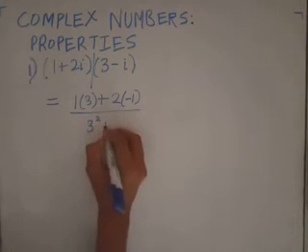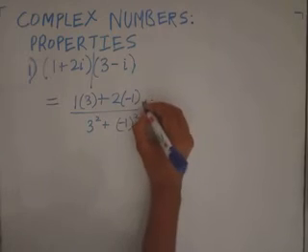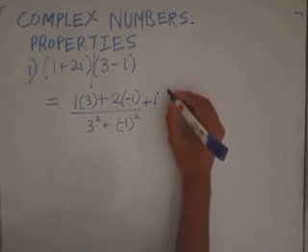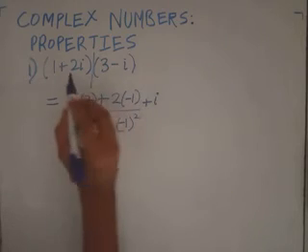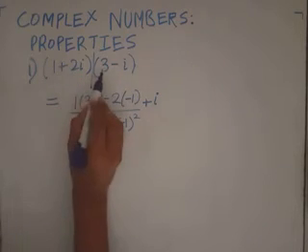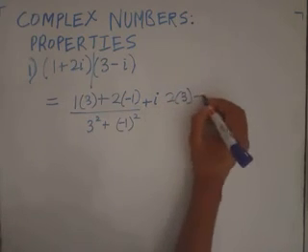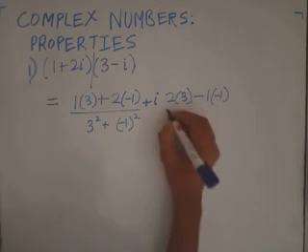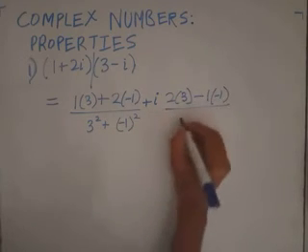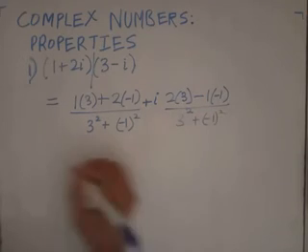That's 3 square plus d is minus 1, minus 1 square, plus i times BC minus AD. So this is B and this is C. So BC minus AD divided by the same thing here. So 3 square plus minus 1 square.